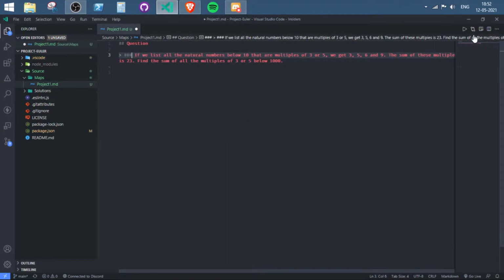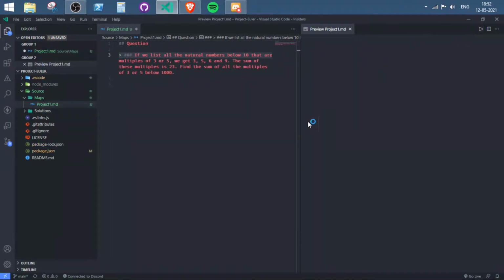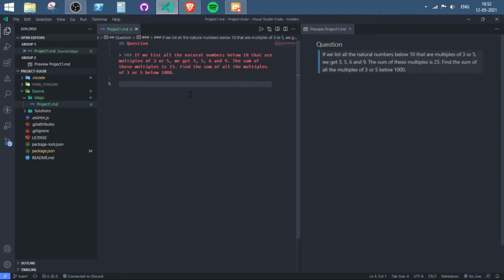Okay, and let me just open the preview. Why not open the preview now?